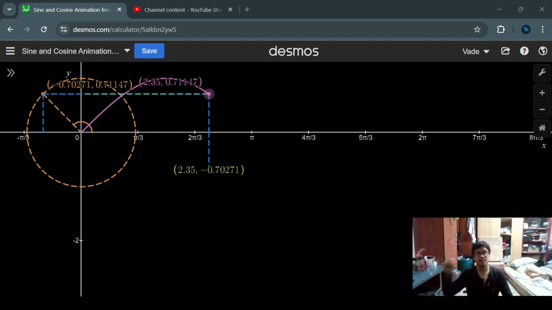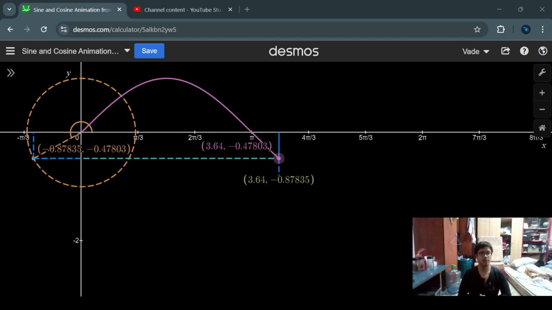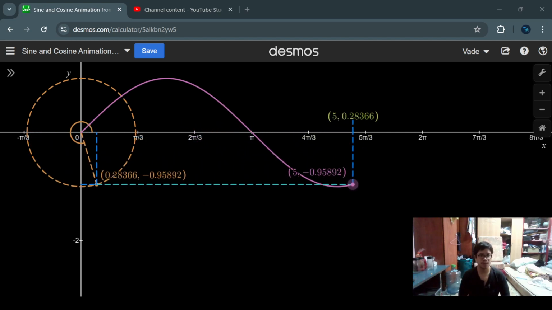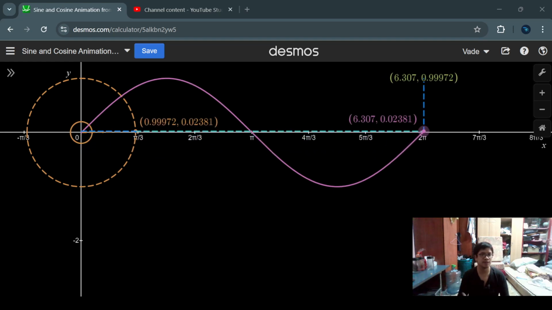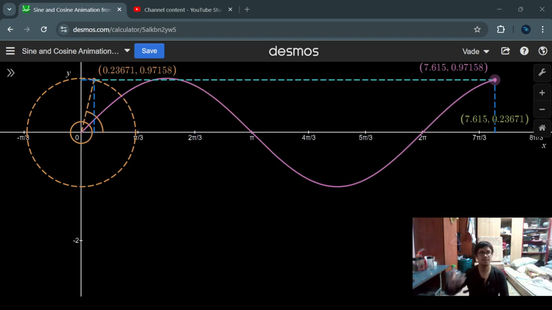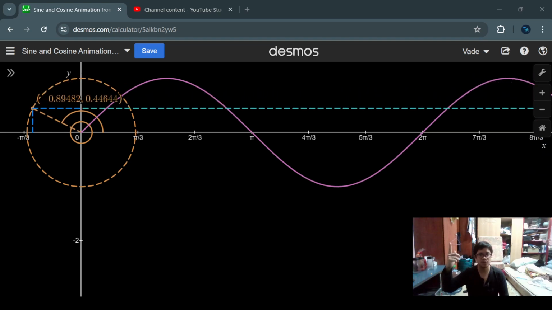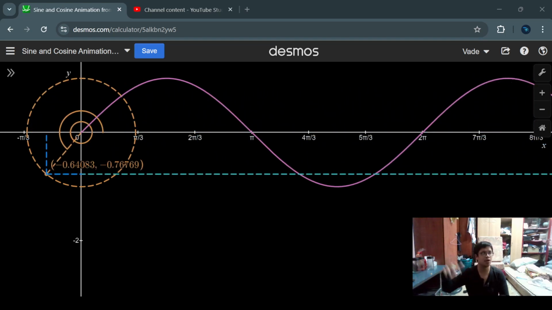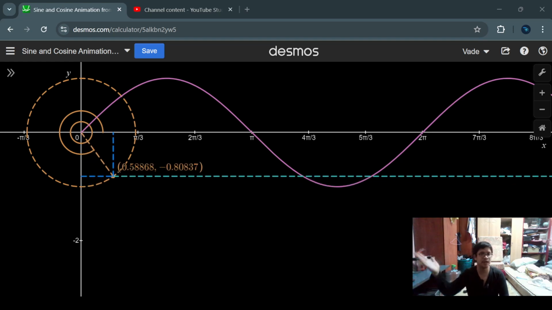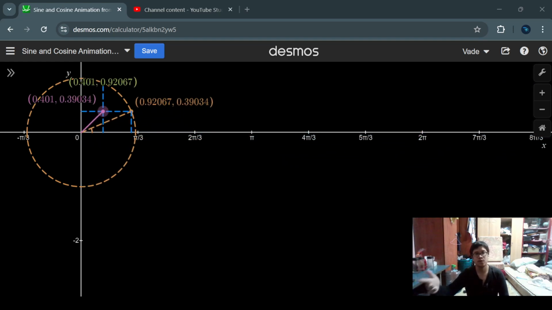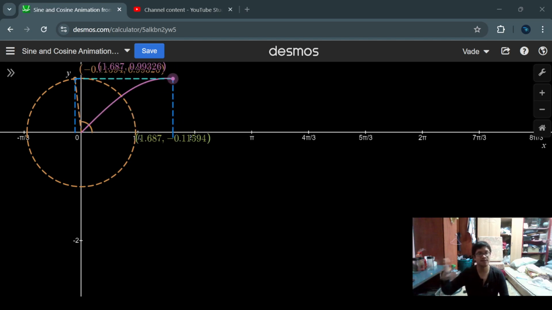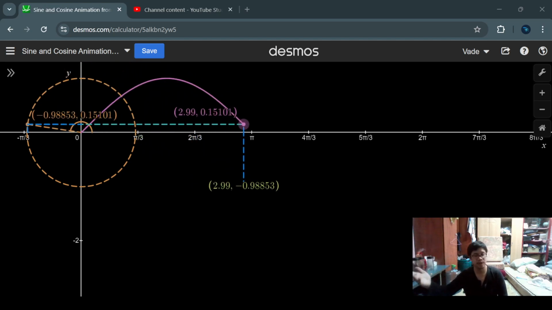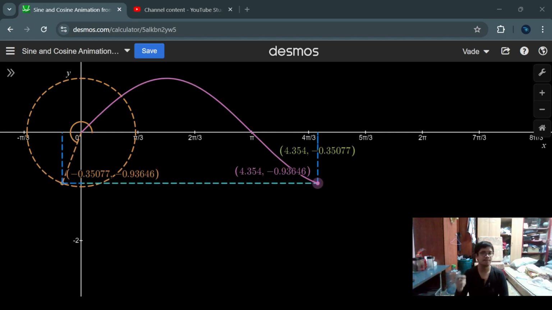In this video, we're going to learn the concepts and the overview of the graph of the sine function. Don't get me wrong, I already showed you what the graph of the sine function looks like.